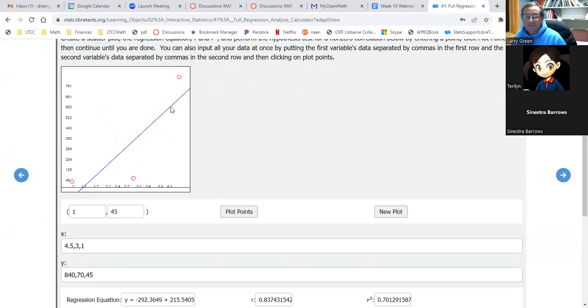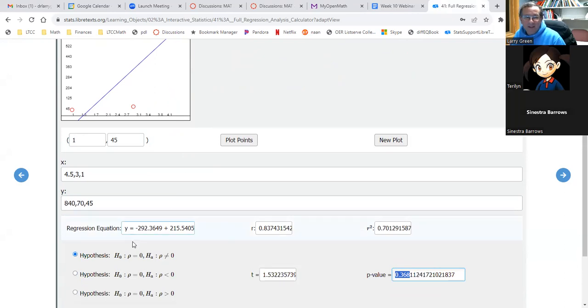Yeah, the slope is positive because it goes up as you go from left to right. And notice that R is also positive, and that'll always be true: if the slope of the line is positive, R will be positive also. R is not the slope of the line, but at least it agrees with being positive or negative. And if R is 0, by the way, what will the line look like if R is 0?